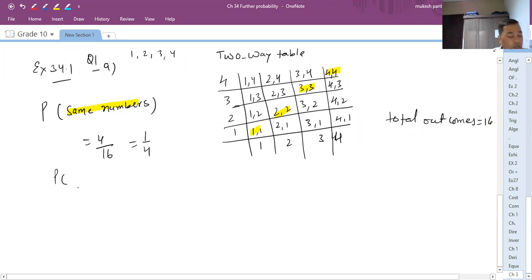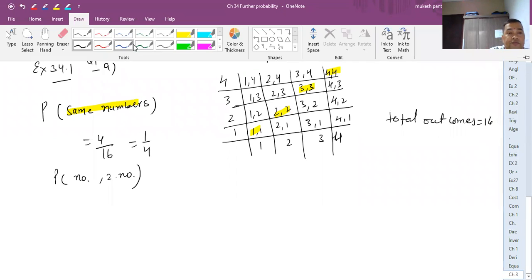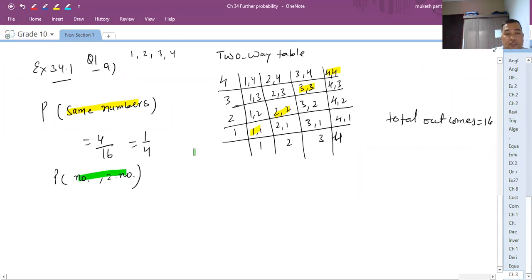Now, what is the probability that the number on one die is double the number on the other? The number here, and twice the number here. So first of all, 1 and 2, where 2 is double of 1, then 2 and 4.